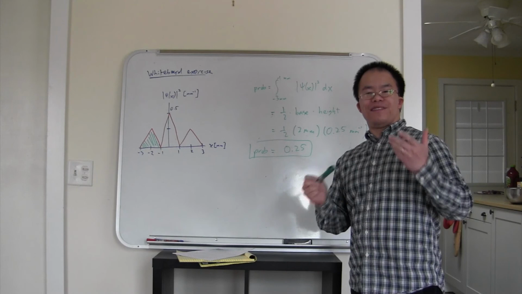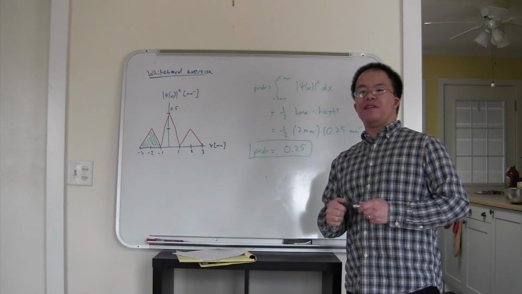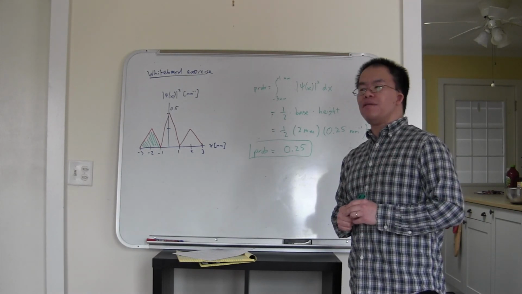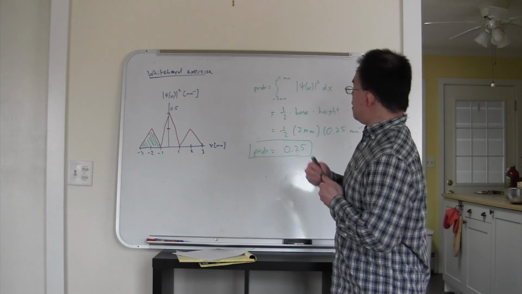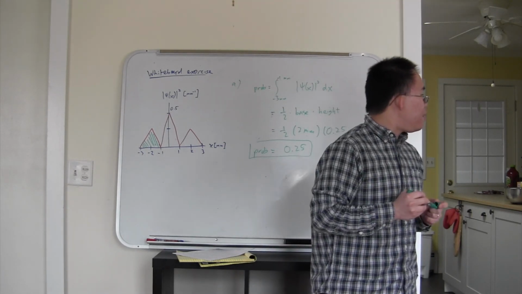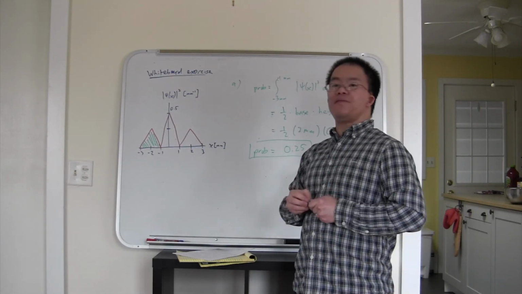Now, the bonus part of this exercise asks you to calculate the probability of finding the particle within a really narrow 0.01 millimeter wide strip centered around x equals 2 millimeters.